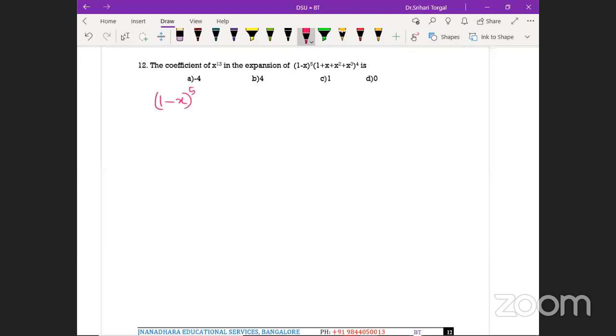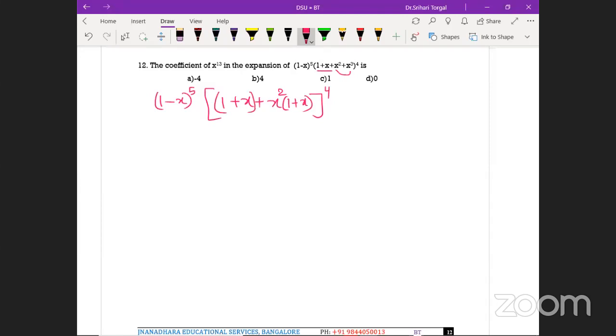We'll solve this. Whole power 4 is there, right? Let me write the first two terms as it is. And if I take x square common in the other two, you will get x, 1 plus x, right?